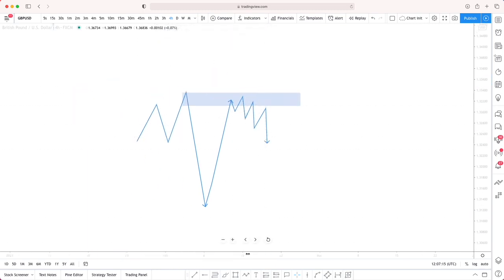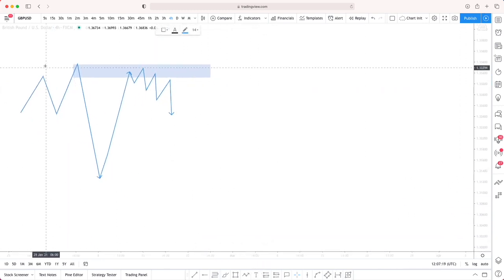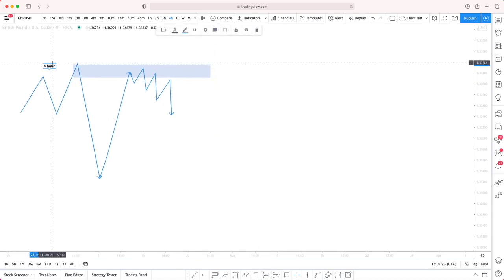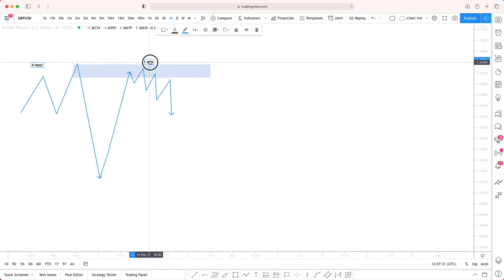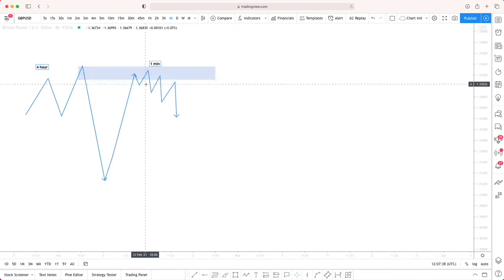Say this is on the 4-hour time frame, then we go to a lower time frame. Let's just say the 1 minute is happening here. Wait for the 1 minute or 5 minute, whatever lower time frame you wish to use, for that shift in market structure.